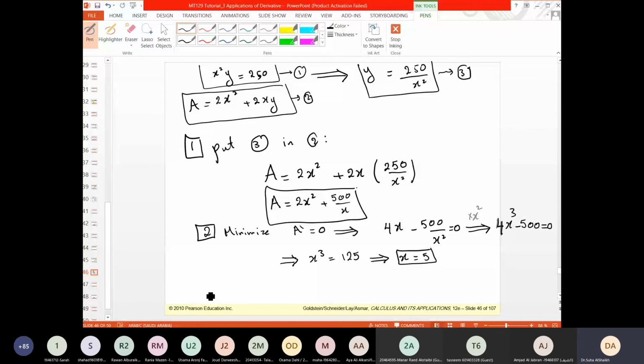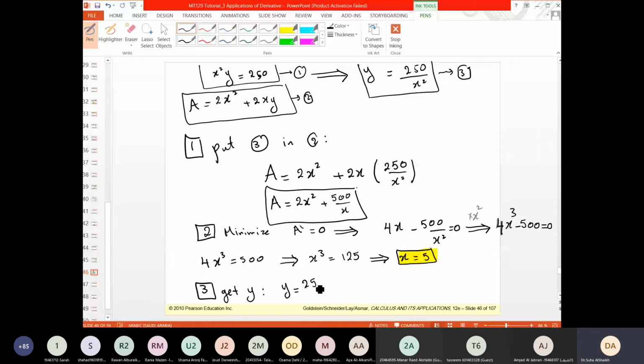Step number 3, get the y. And I know y is 250 over x squared, which I already have in there. So y equals 250 over x squared, which is 25.